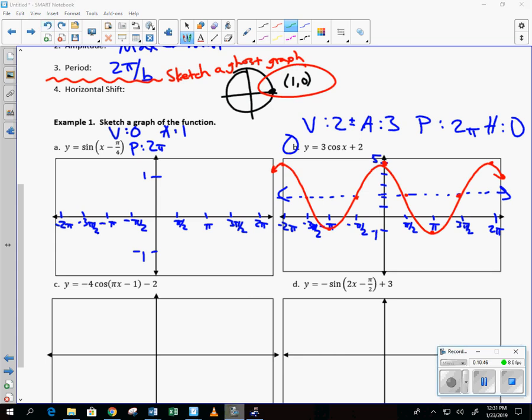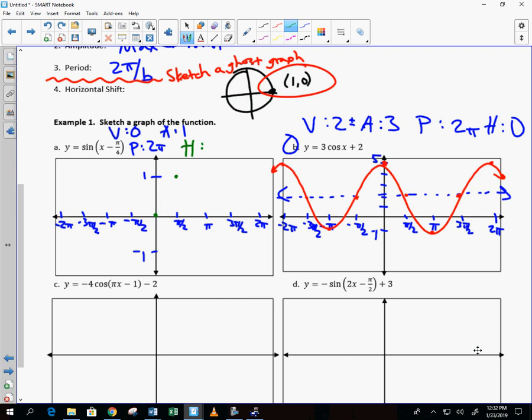All right, here we go. So I sketched this graph as though there's no horizontal shift. So where does sine start? The middle. And from there it goes up. Sine, its parent graph, wants to go up. If it was negative, it would go down.